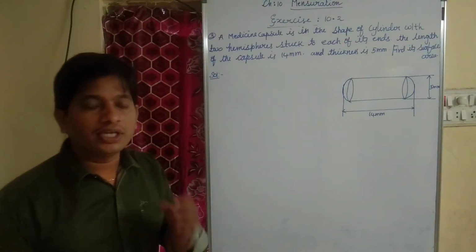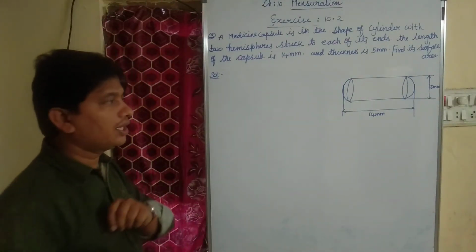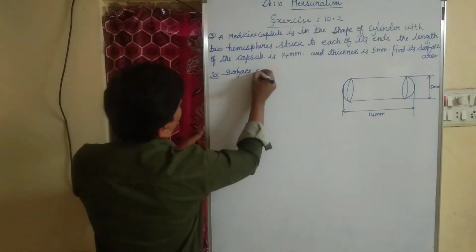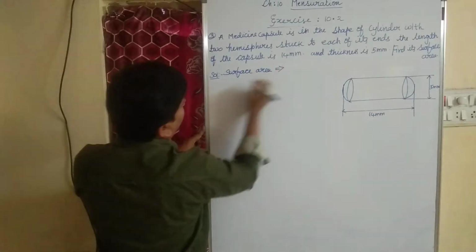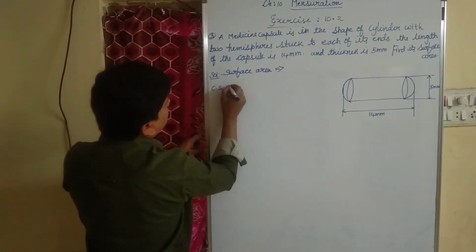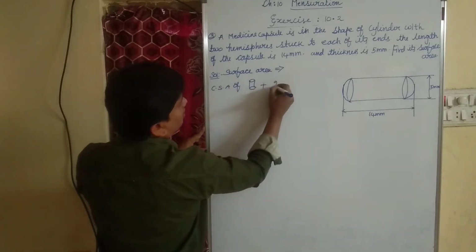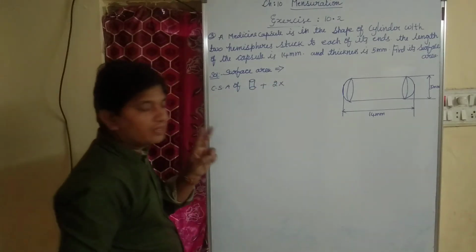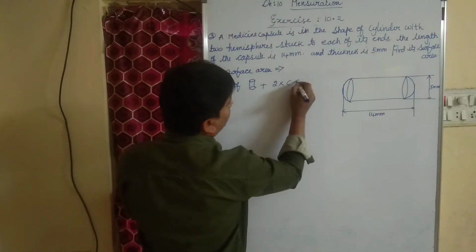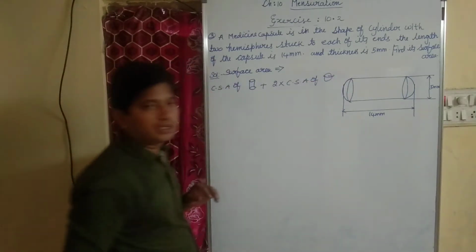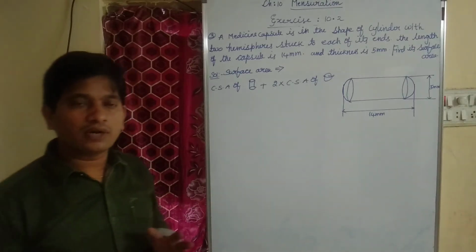As the solid is a combination of three solids, surface area equals CSA of cylinder plus, as we have two hemispheres, 2 into CSA of hemisphere.